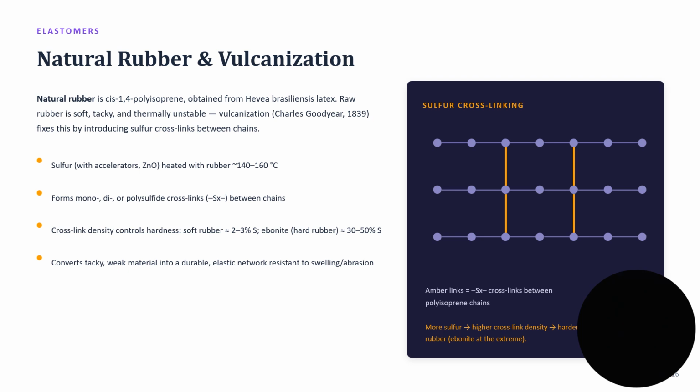The key takeaway: vulcanization converts a tacky, mechanically weak material into a durable, elastic network with dramatically improved resistance to swelling, abrasion, and temperature change, simply by introducing a controlled number of covalent crosslinks between existing polymer chains.